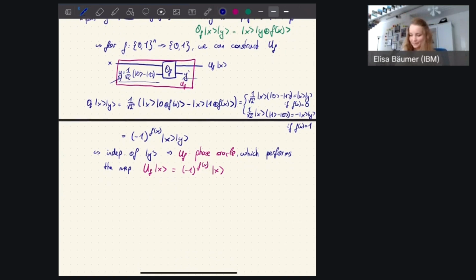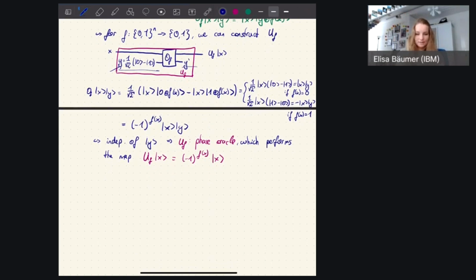Okay, so using these phase oracles is a big thing that we need for the Deutsch algorithm, but something else that we actually need is, again, the Hadamard gates that we looked at yesterday. However, this time on n qubits.